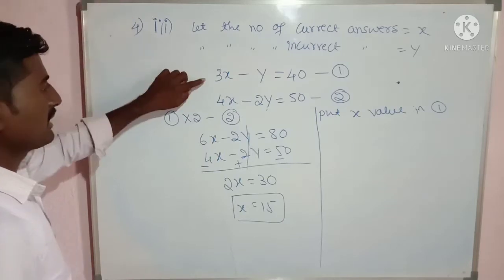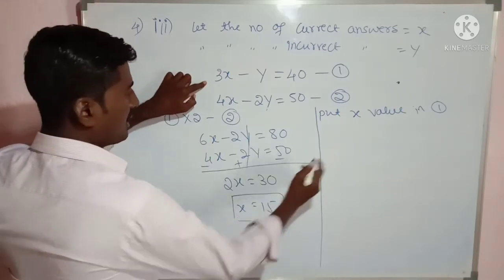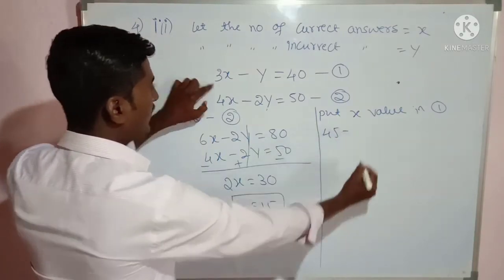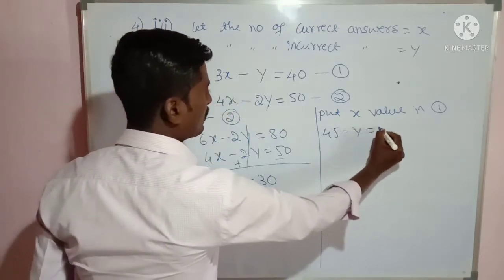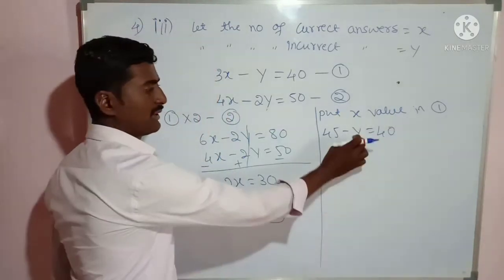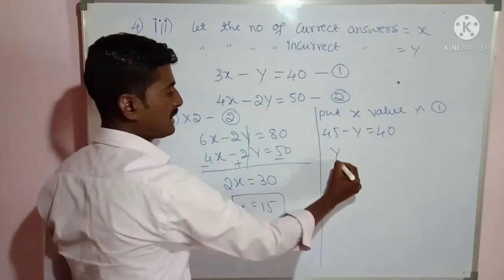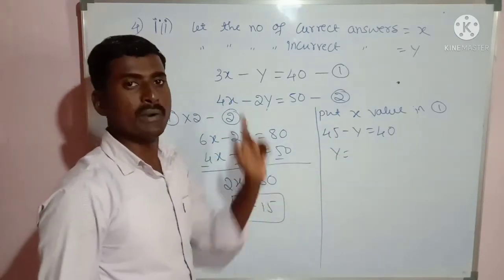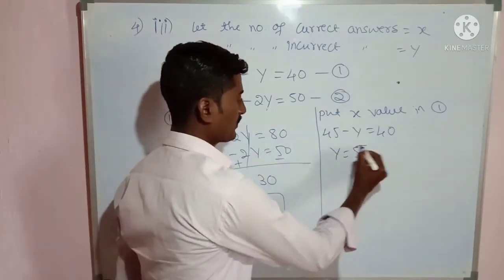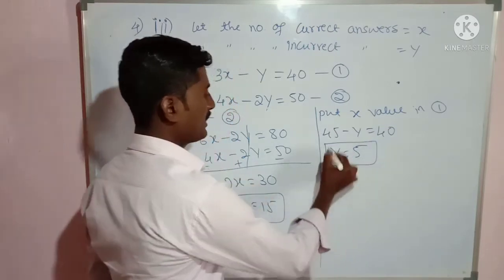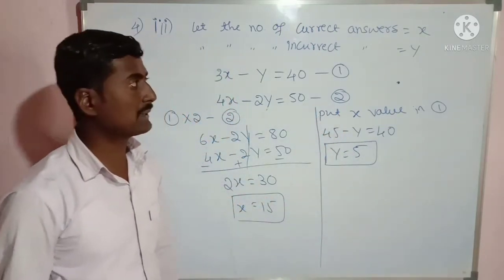What is that equation here? 3 15s are 45 minus y is equal to 40. Now we take this y to the right side. y is equal to 45 minus 40. That is how much? 5. So we got y equal to 5 and x equal to 15.